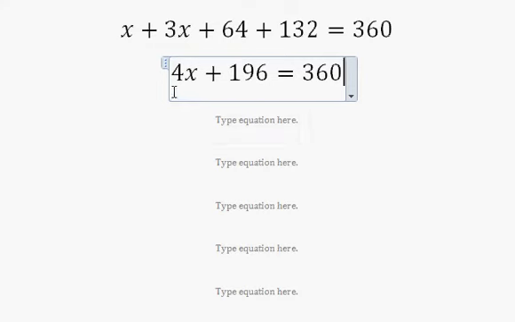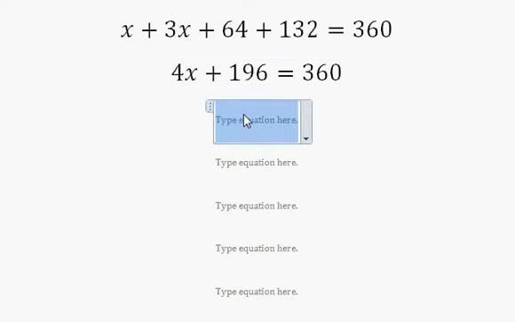Next, our final answer will look something like this: x equals and then some number over here. That's what we're trying to get. So at the moment we have 4x plus 196 is equal to 360. The simplest thing to do at this stage would be to remove this 196. We don't want to know what plus 196 is onto our answer, so let's just remove that.